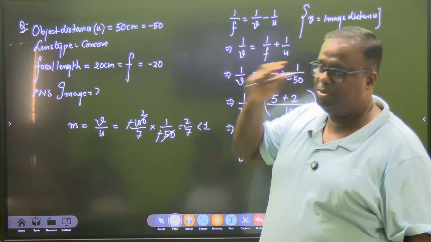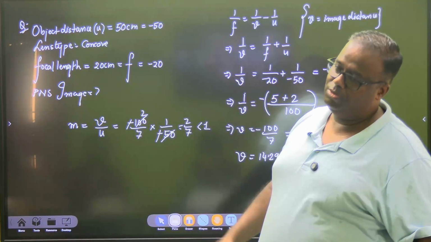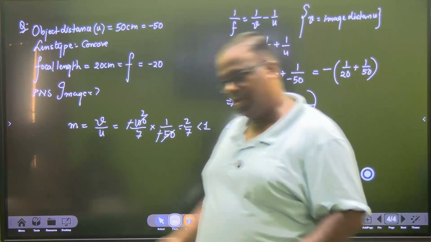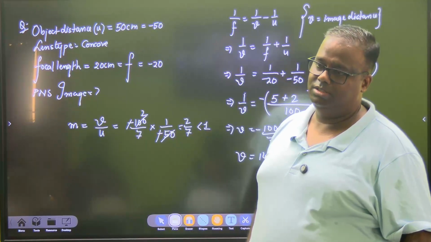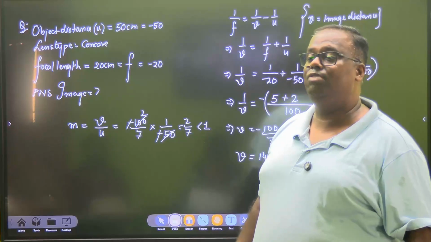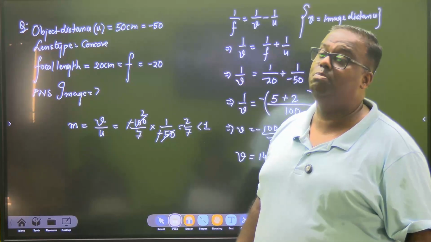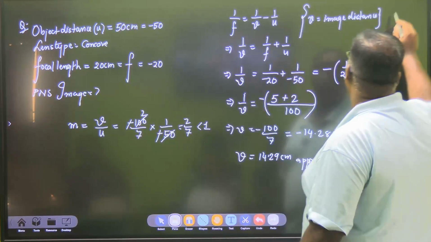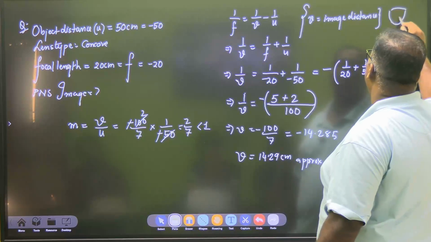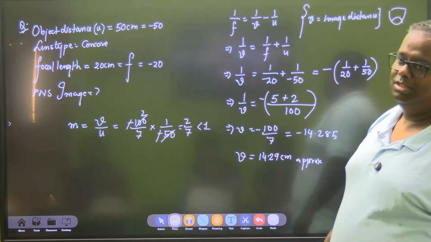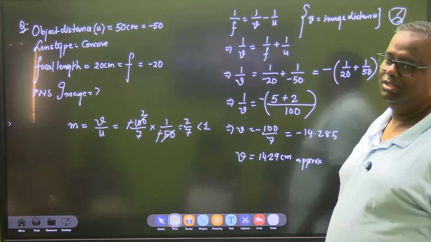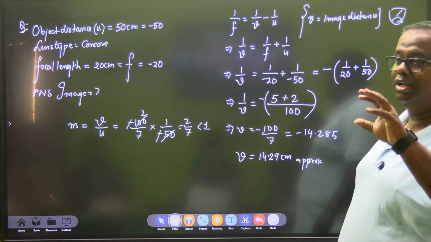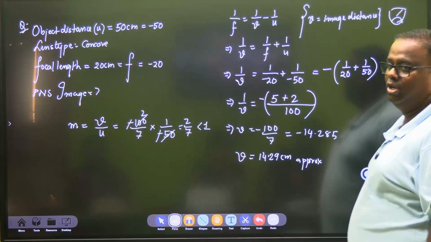If I take your specs, by looking at the lens itself, you can say whether the lens is convex or concave. If there is any grandparent in your house who is using bifocal, the type of specs which has got a line like this, this portion is convex, this is concave. This portion will make you look bigger. This portion will make you look smaller.